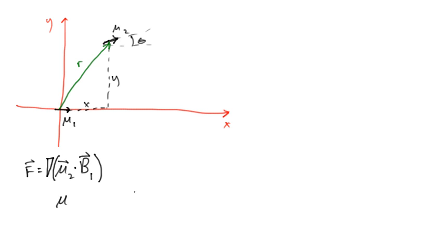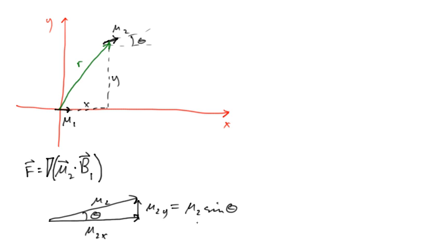we can draw a little vector component diagram for mu2. Looks like mu2 oriented at an angle of theta, mu2x, mu2y. Opposite over hypotenuse is equal to the sine of the angle, so mu2y is equal to mu2 sine of the angle, and mu2x is the adjacent divided by the hypotenuse, which gives the cosine of the angle.